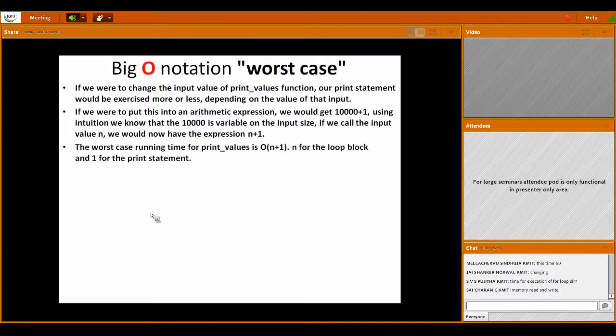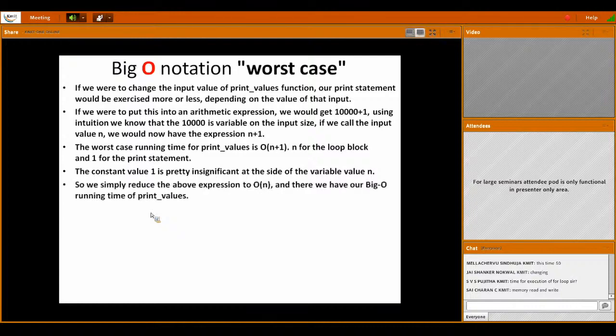The worst case running time of print value is O of n plus 1, n for the loop block and 1 for the print statement, right? The constant value 1 is pretty insignificant beside the variable value n. If it is only 1, then 1 becomes very significant, but we have to take the worst case.